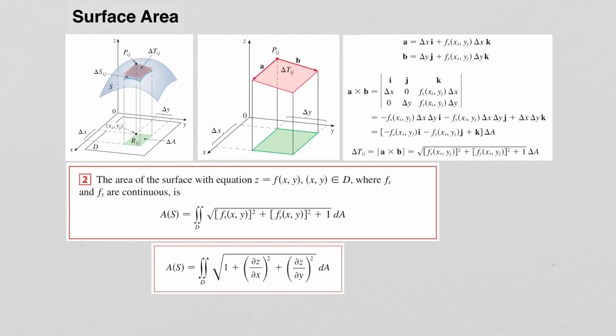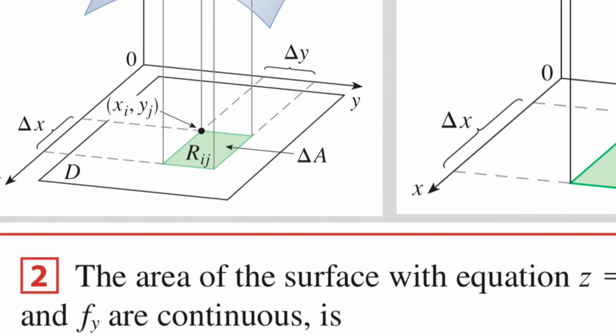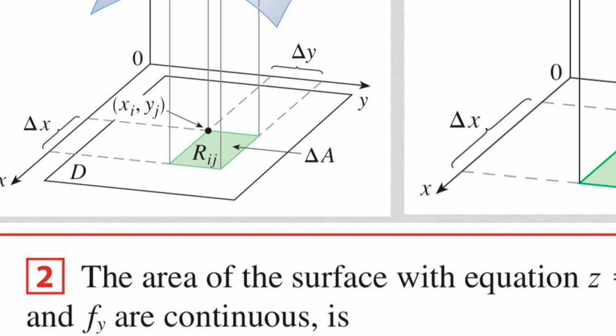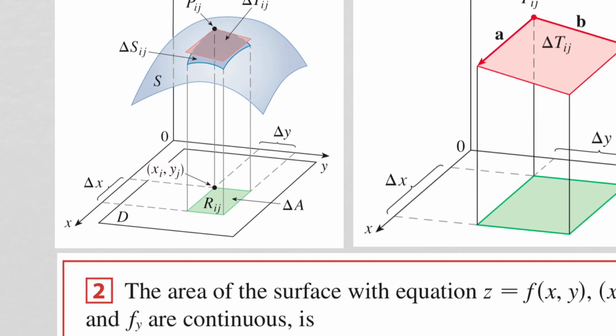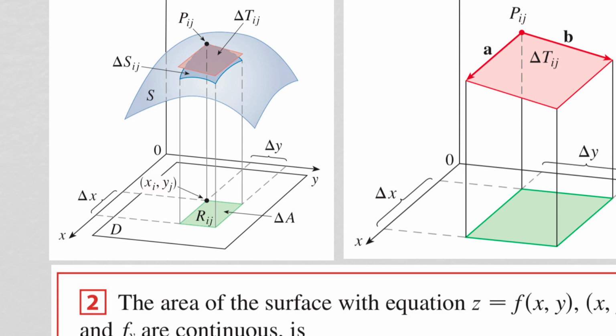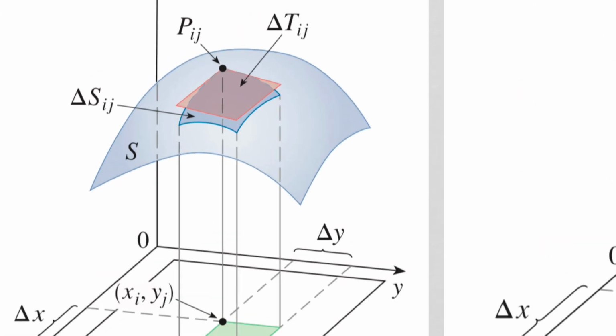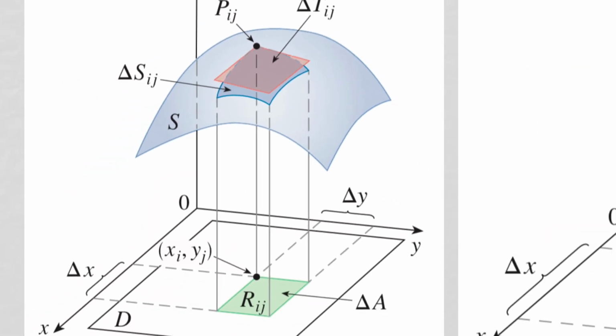To find the area of a surface of some function defined on a region D, we are going to look at a small region here and see if we can approximate the surface area on that region. As you can see here, that small region corresponds to some kind of curved surface.